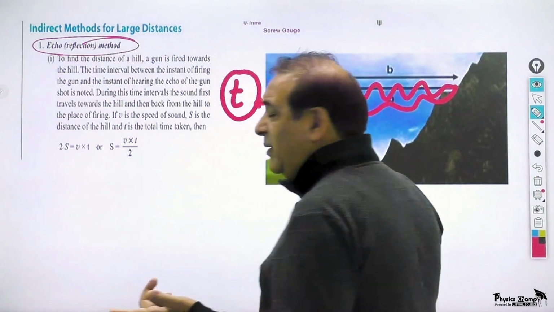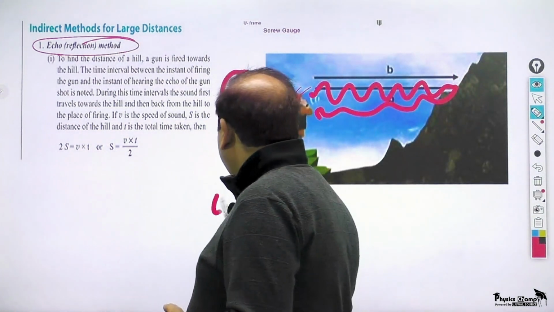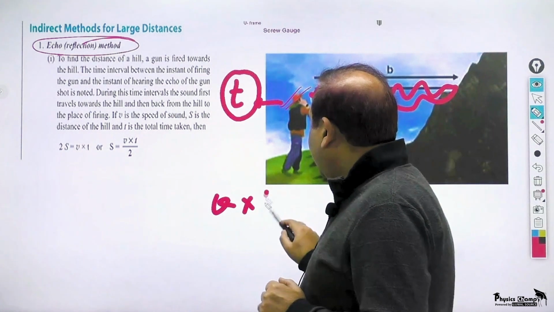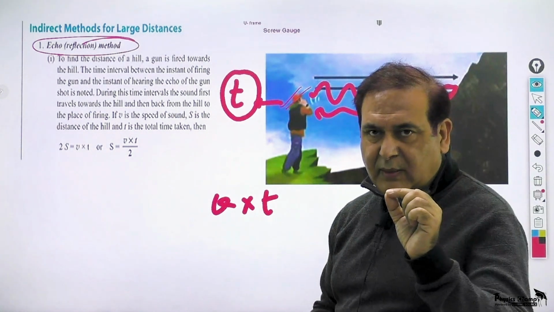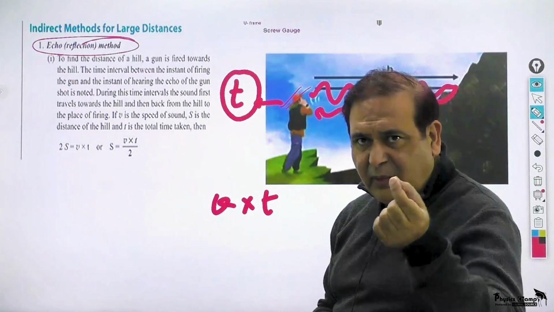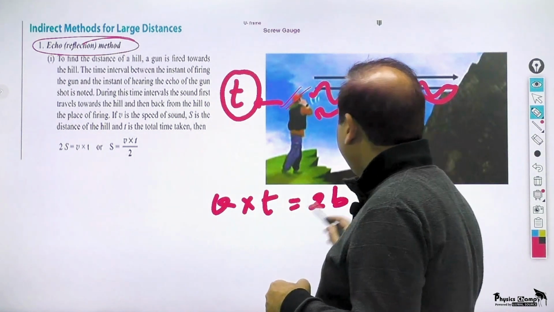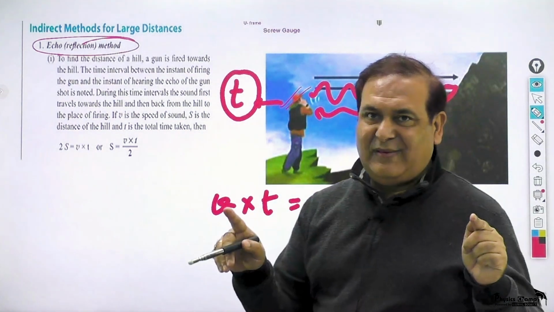Now imagine the gap is b, the speed of sound is v, and it has taken a time t between producing the sound and receiving the sound. Can I say it is 2b? Velocity into time will give you the distance.